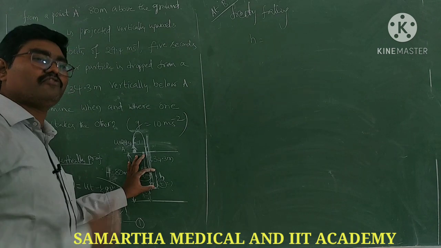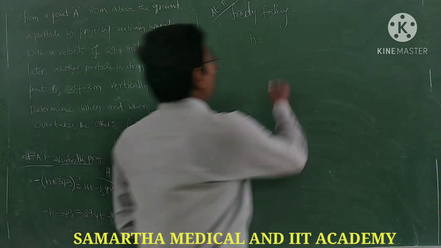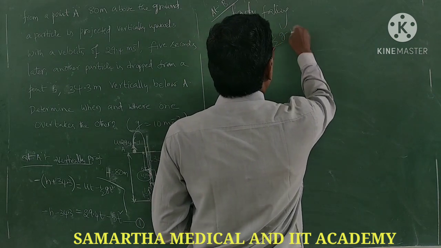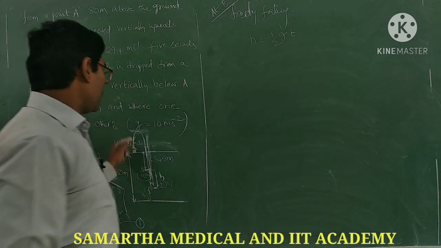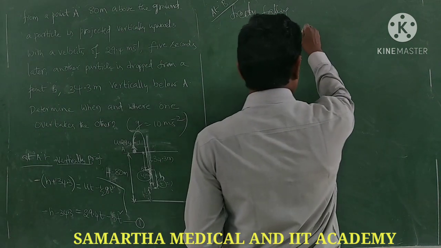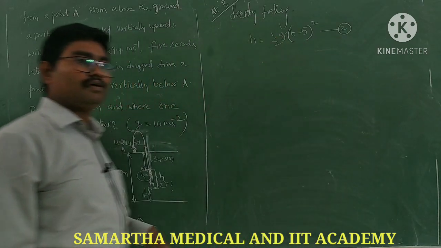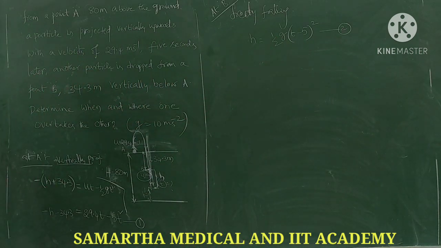It is just like a freely falling body. You don't consider this tower case. It's like a freely falling body. Half g t square, with respect to this t, this is t minus 5, whole square.